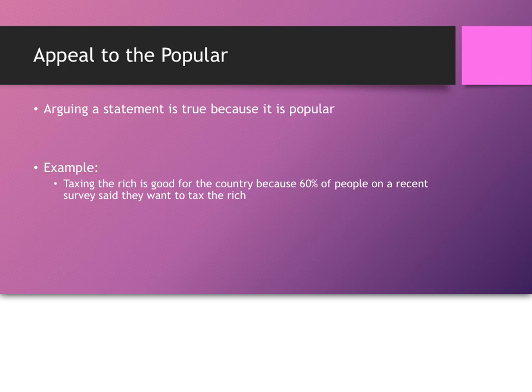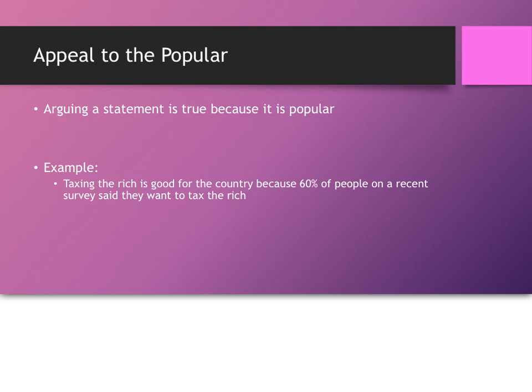Or, raising the minimum wage is a good idea because 70% of people believe it. I'm not saying that those things are definitely false. I'm just saying that just because you appeal to the popular, just because you say most people want it or most people think that way, doesn't make it a true statement.